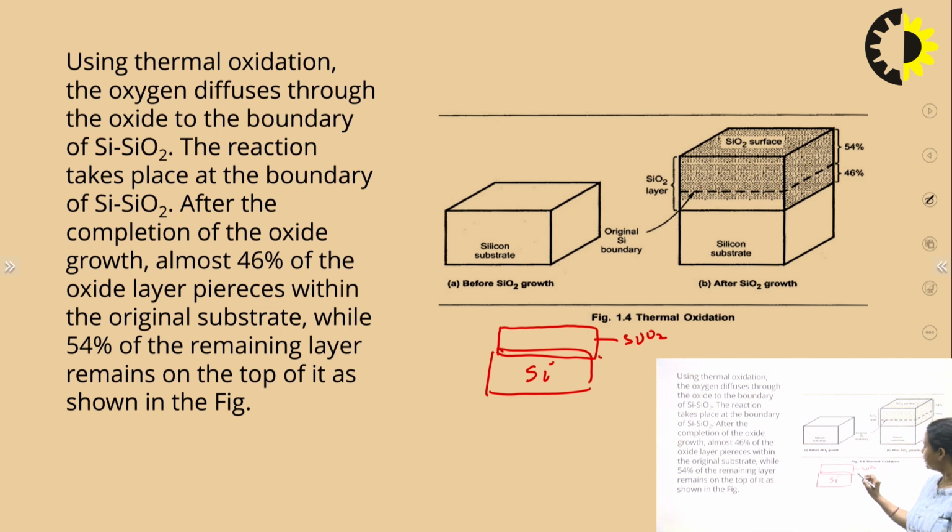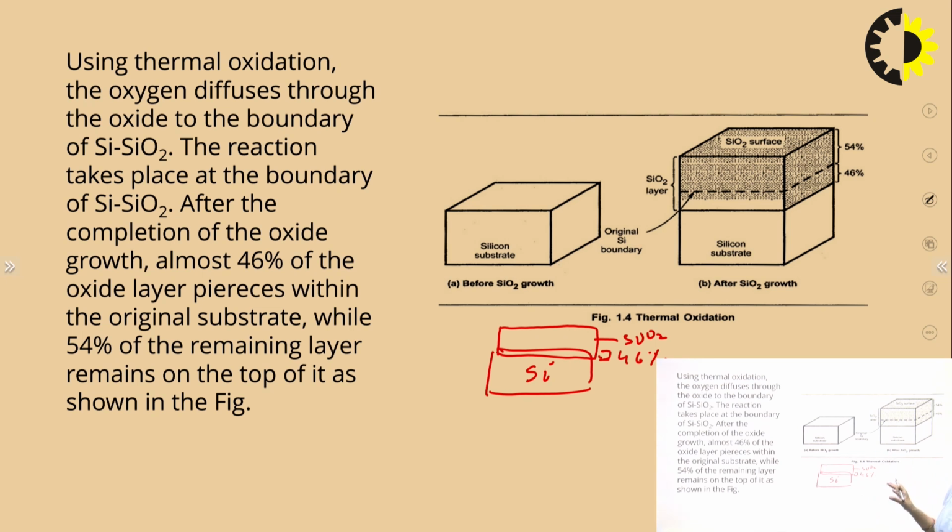So we will see that some part of this oxide layer is inside the silicon substrate. Around 46% of this part is inside the silicon substrate and the rest of the part remains open. So we are seeing that the silicon oxide layer is getting trapped inside your silicon substrate, right?